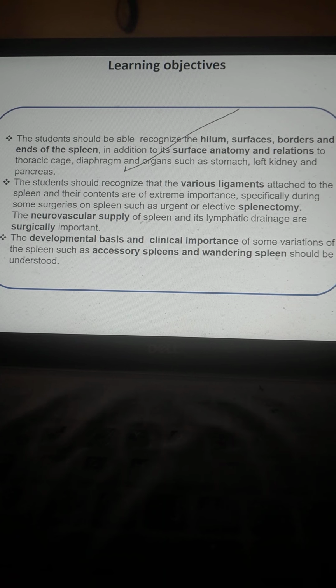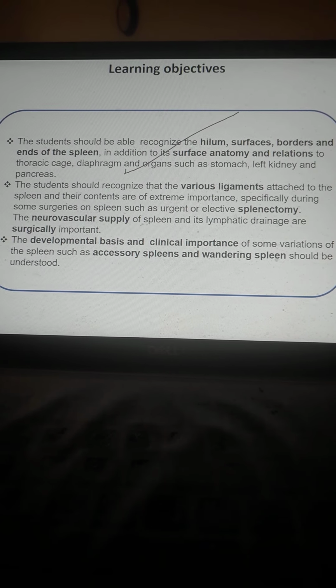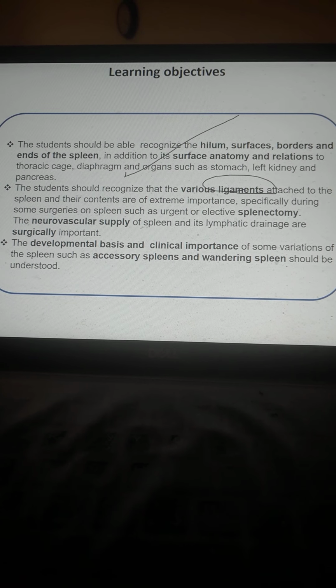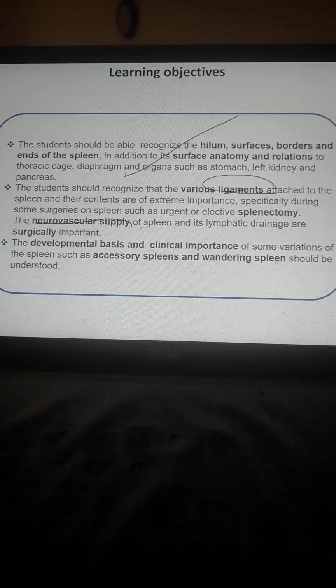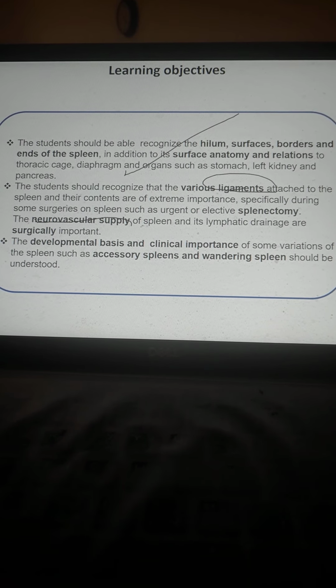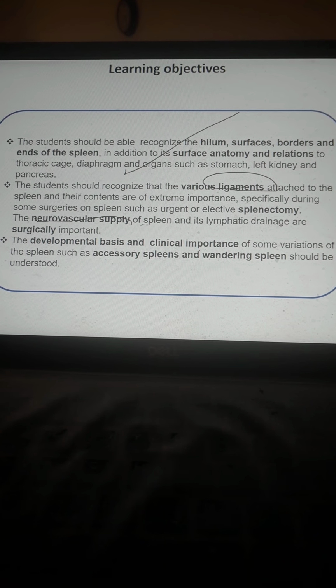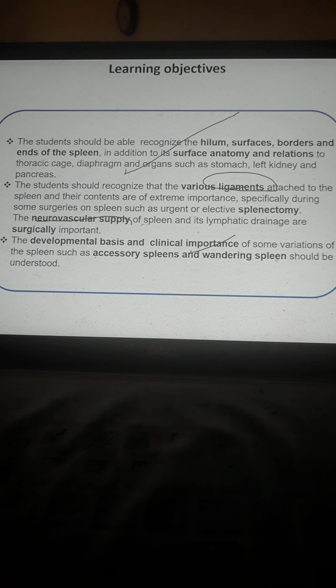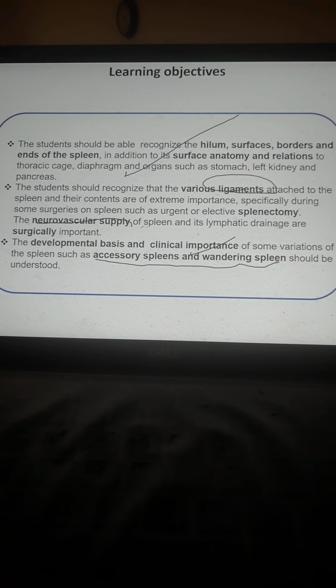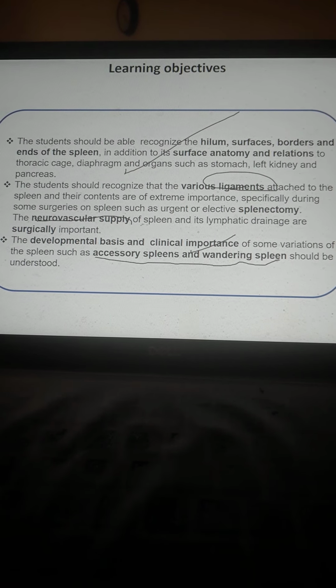It is also connected to the other abdominal organs by ligaments. It has nerve, blood supply, and lymphatic supply. Also, it has clinical importance related to some diseases like accessory spleen and wandering spleen, which will be explained later.